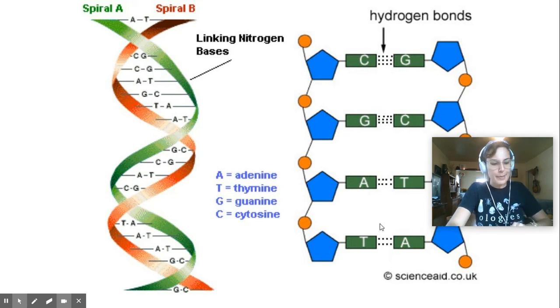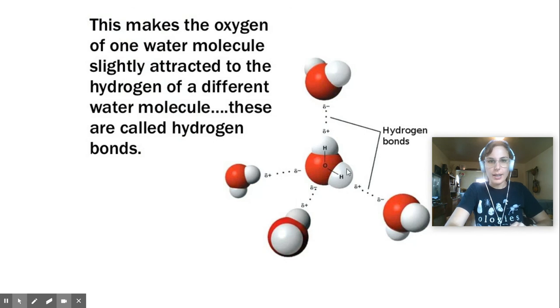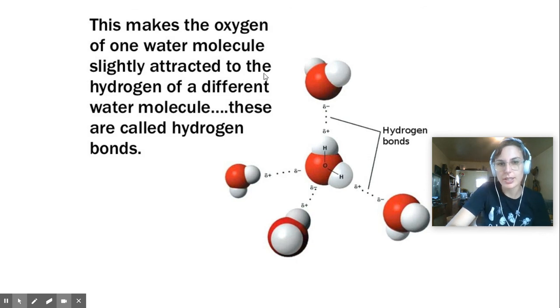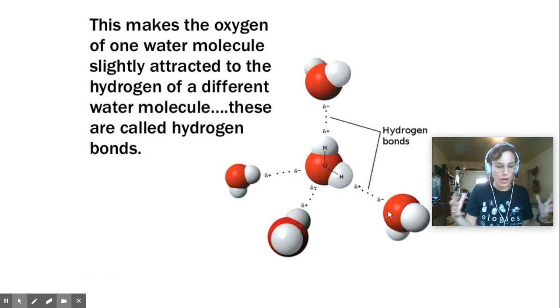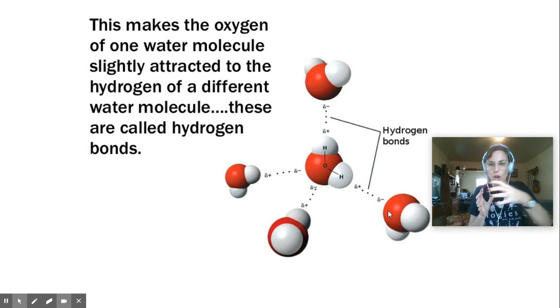And so let's just take a look at this picture for just a moment so we can see why these hydrogen bonds, again, give water the properties that it does. Okay, so these are weak bonds, but when they're collectively put together, it makes for this really strong pull, and it makes for this strong connection between all the water molecules because of these slight hydrogen bonds pulling.